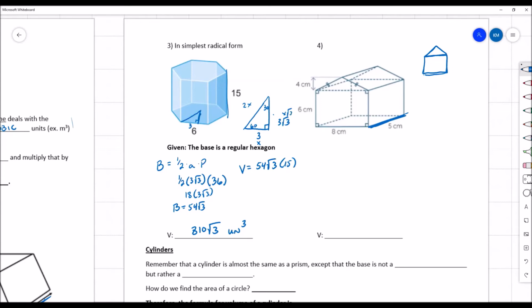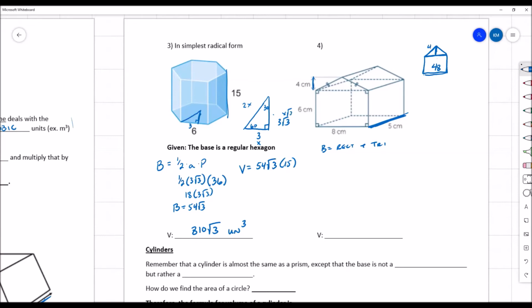Okay, so as we look at this, our base is a rectangle and a triangle. Our rectangle we can find 6 times 8, 48. Our triangles, we look at it, they tell us that this height is 4, right?